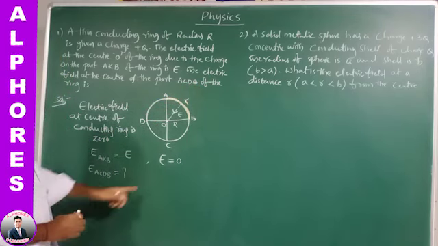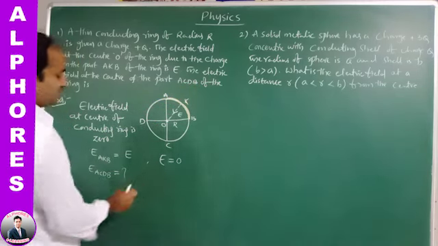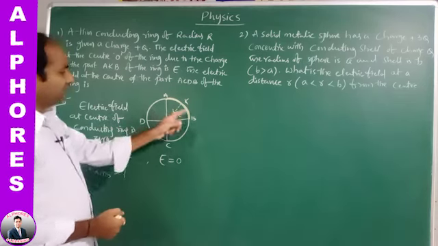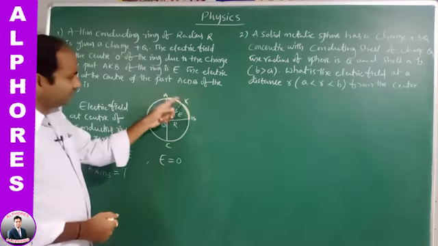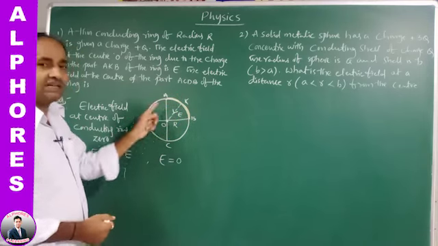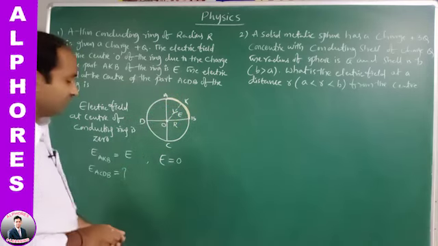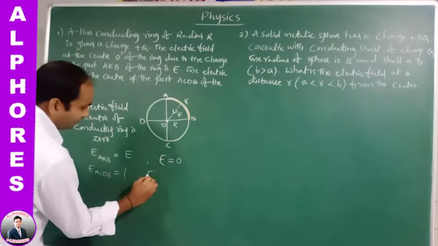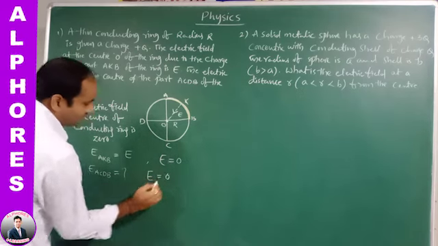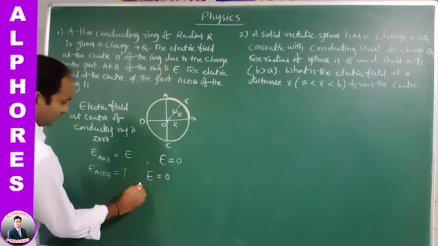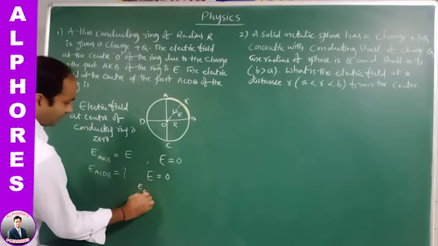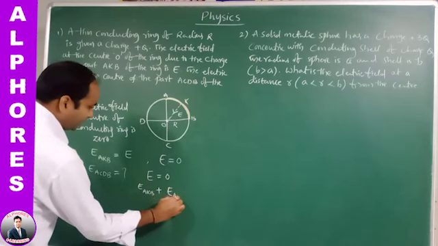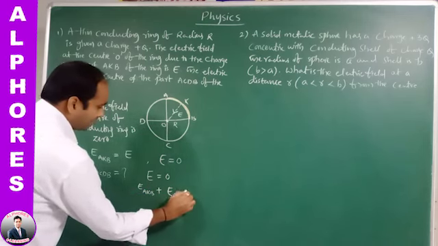But the total E is 0, meaning the electric field due to the entire conducting ring at the center is 0. So we may write that electric field at the center is 0. That means E of AKB plus E of ACDB is equals to 0.